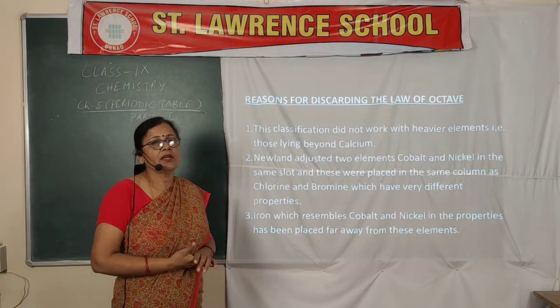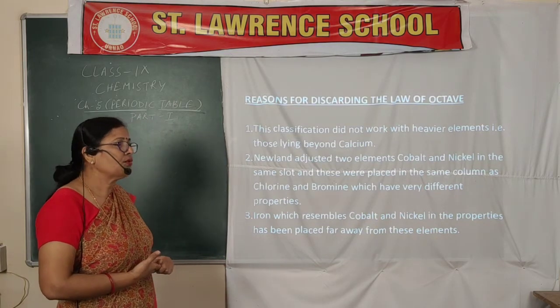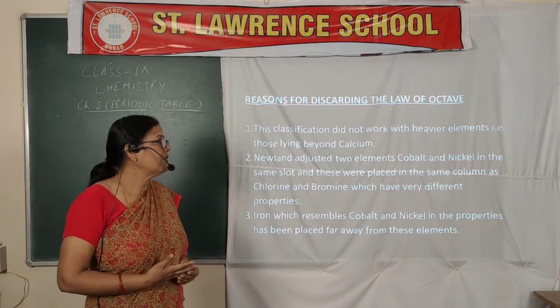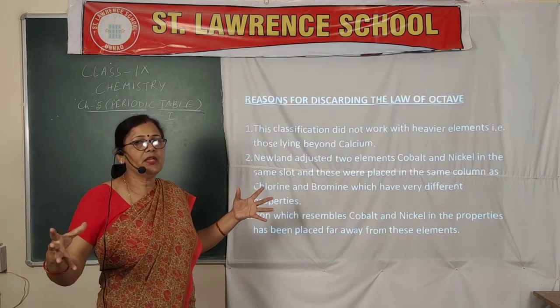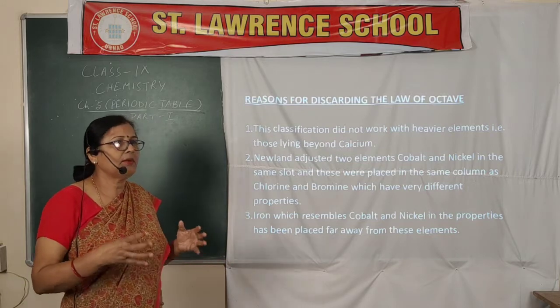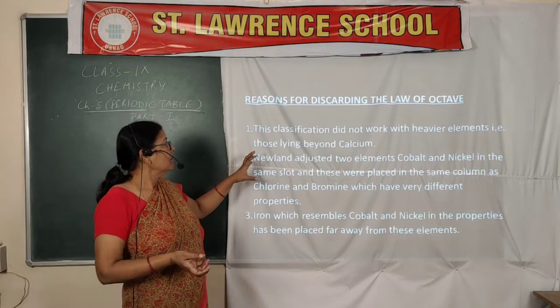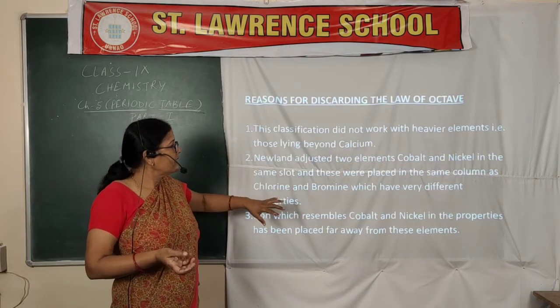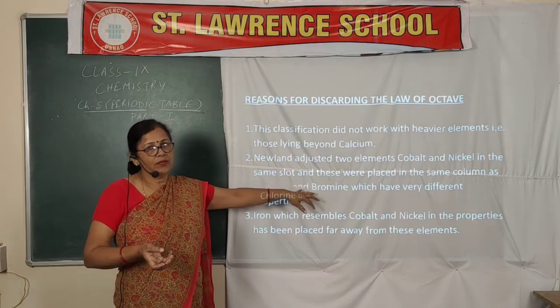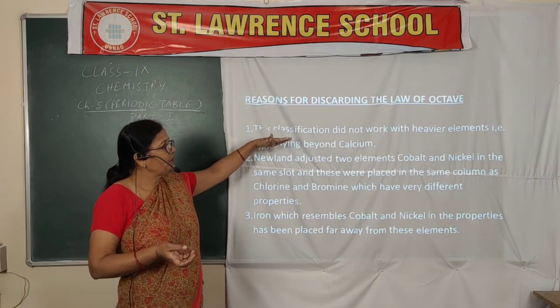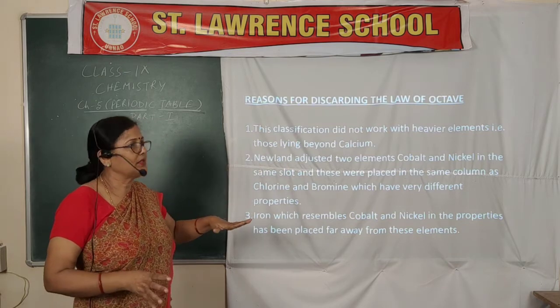Chlorine and bromine, which are halogens, do not show magnetic property, that means they are non-magnetic, but they are coming closer. If you consider the law of octaves, iron and cobalt come near chlorine and bromine. All four have different properties.